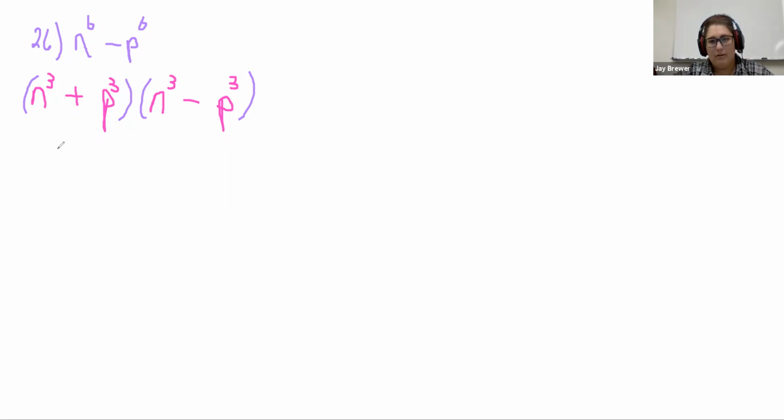If you have your notes from the day before yesterday, they should look very similar to another couple of numbers we did. What do they look similar to? How would you describe these terms to me? What kind of terms are they?